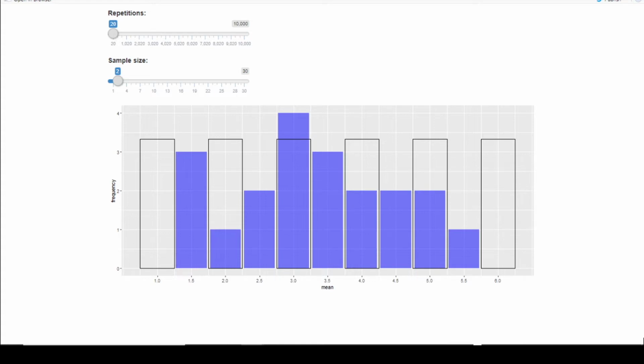The transparent bars give us the distribution of x, of the population. So what I'm going to do first is I'm going to increase the number of repetitions. So I'm going to increase the number of samples that I take.